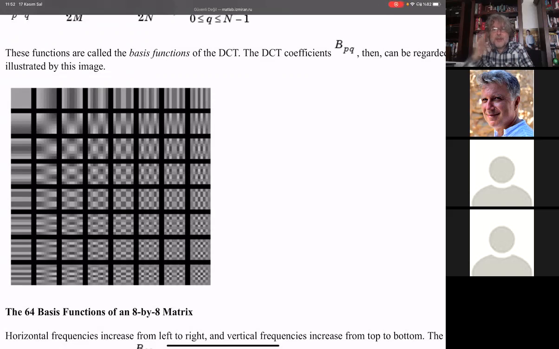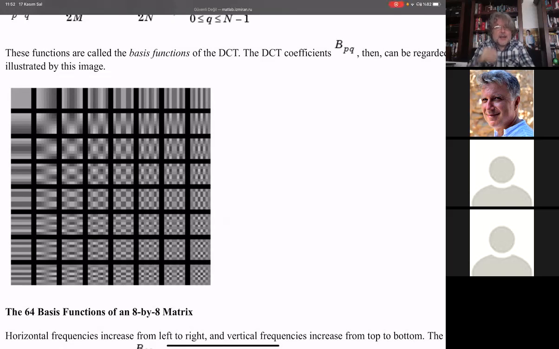And then thinking of the transpose of it, if you proceed along the vertical direction, you see that this time the vertical frequencies increase. And all the others are like the cross or inner products of the two.